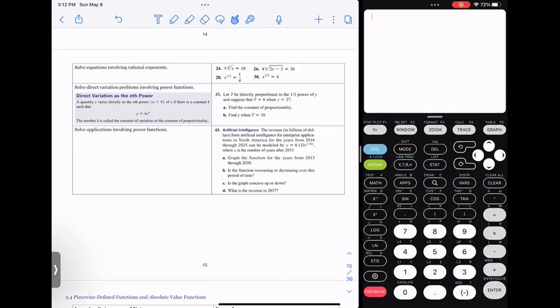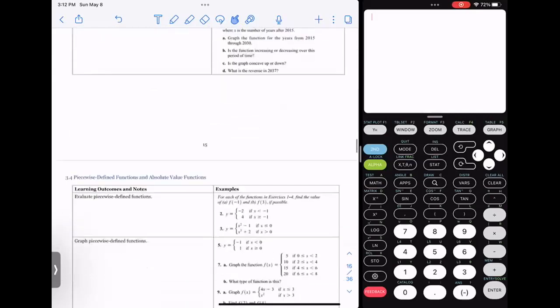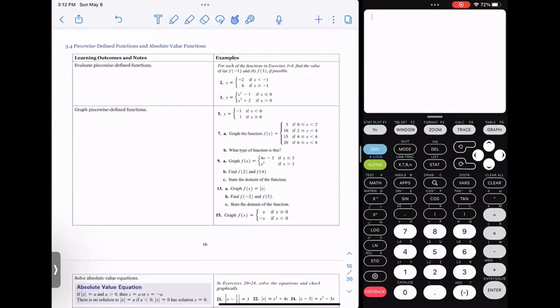Oh, it should be good for now. I'll let you know. Right. Table graphs. Go to this page here. Any questions on this page?